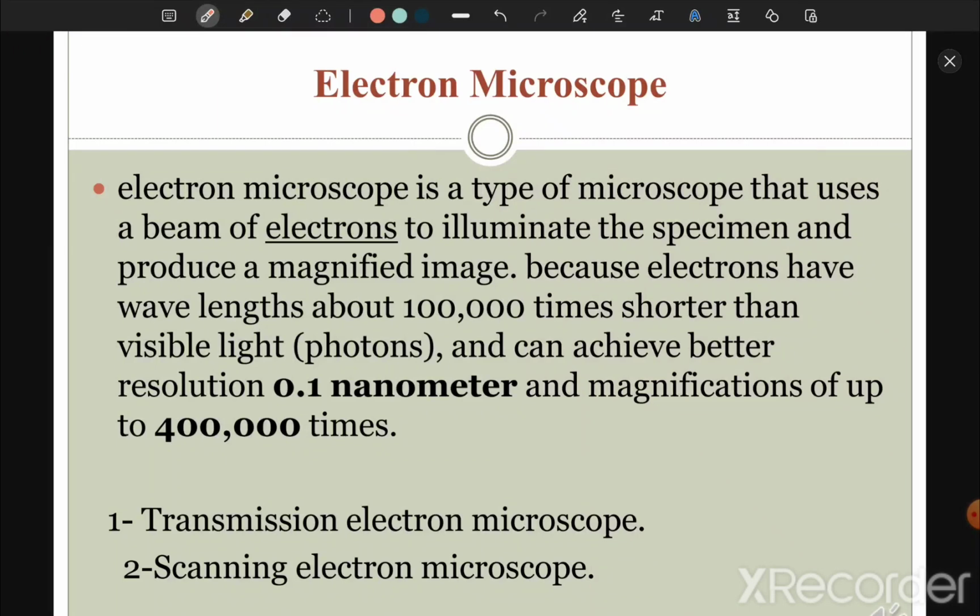For example, here it has a resolution power of 0.1 nanometer and a magnification power of 400,000 times. There is a huge difference between the capability of the light microscope and the electron microscope. In general, we have these two types: transmission electron microscope, which is the TEM, and the scanning electron microscope, SEM.